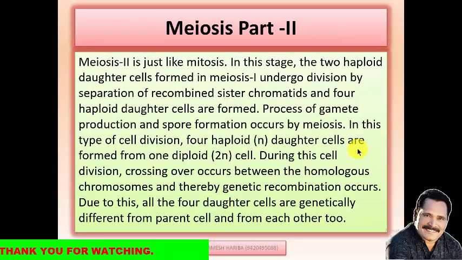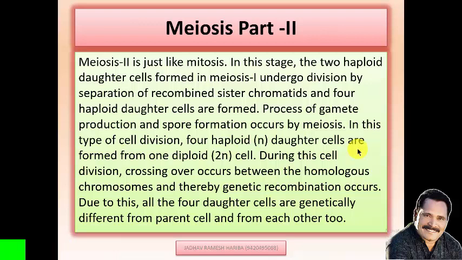division. In this stage, the 2 haploid daughter cells undergo the division by separation of the recombined sister chromatids. That is, the two haploid cells which are formed in meiosis first undergo the division by the separation of recombined sister chromatids, and 4 haploid daughter cells are formed here.